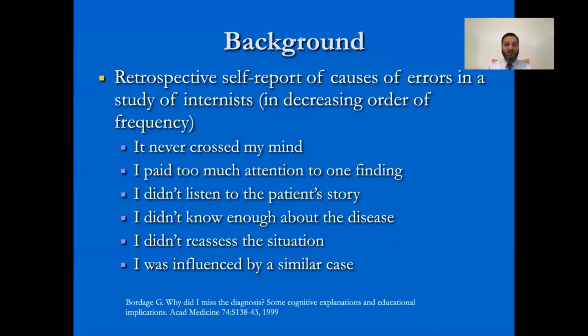Second, I paid too much attention to one finding. Third, I didn't listen to the patient's story. Fourth, I didn't know enough about the disease. Fifth, I didn't reassess the situation. And sixth, I was influenced by a similar case. This is one of the earlier studies that looks at why doctors miss the diagnosis.